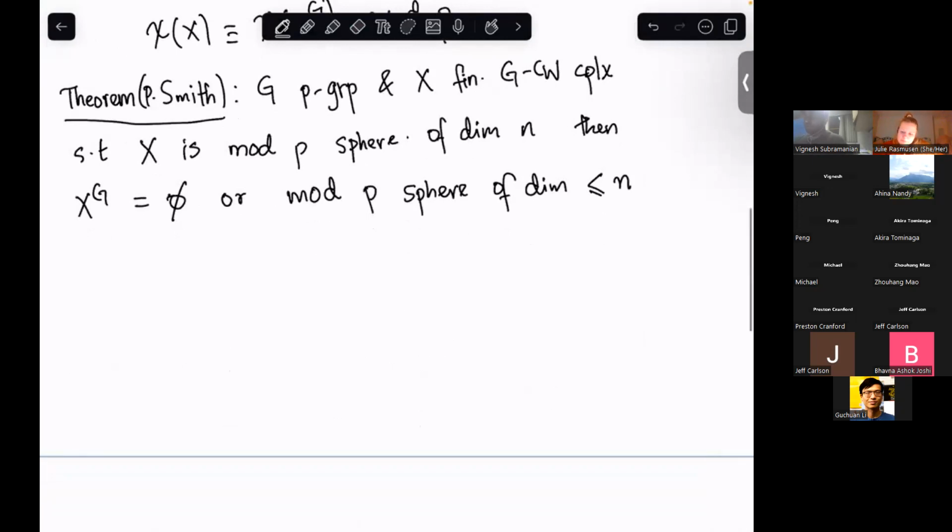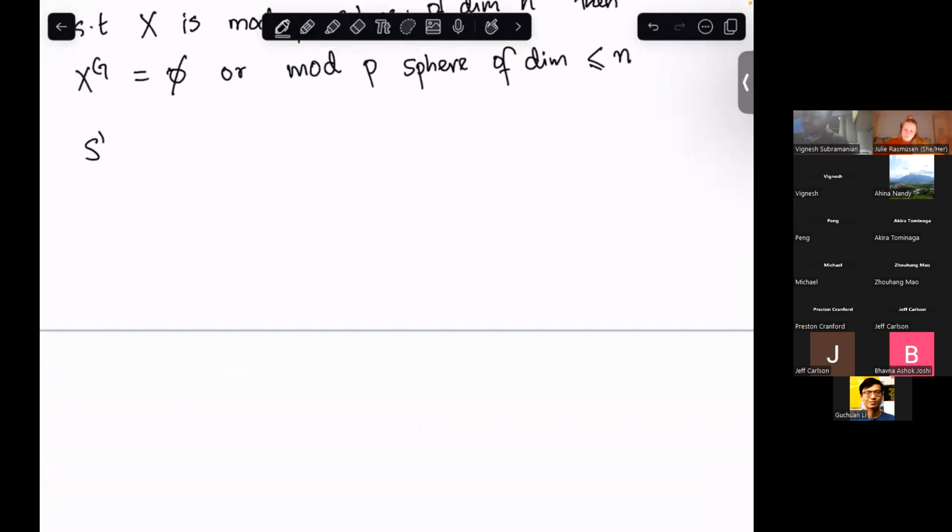For S^1 fixed points, similar kinds of stories were also analyzed. In the case of S^1, there were theorems by Borel, Atiyah, and Bott.